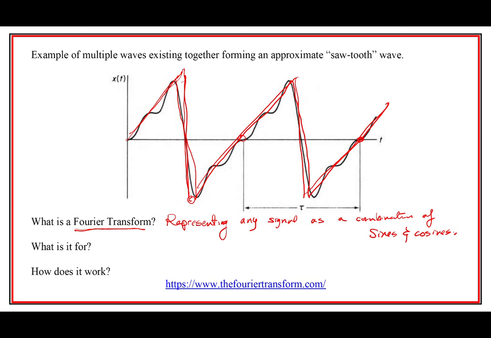And what is it for? Well, because we could take a signal and try to represent it by sines and cosines, we could figure out what kind of frequency and amplitude content is available there. And so we can find the frequencies within a signal.